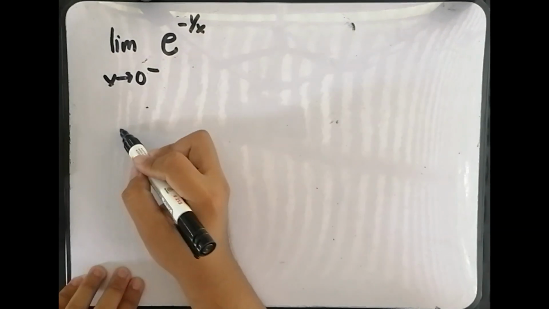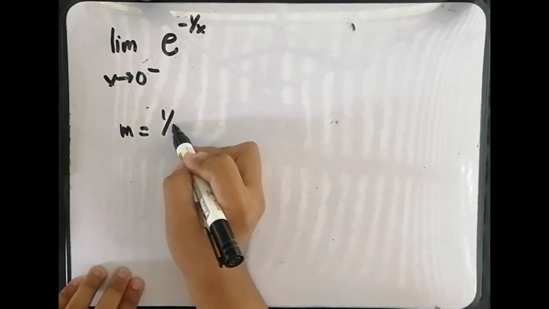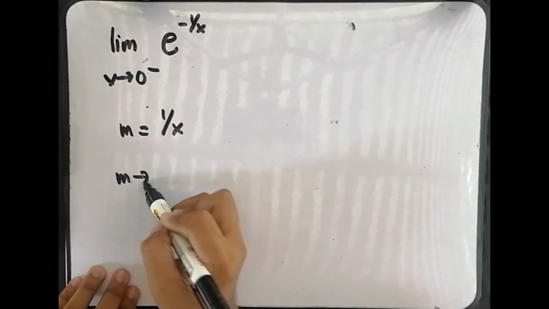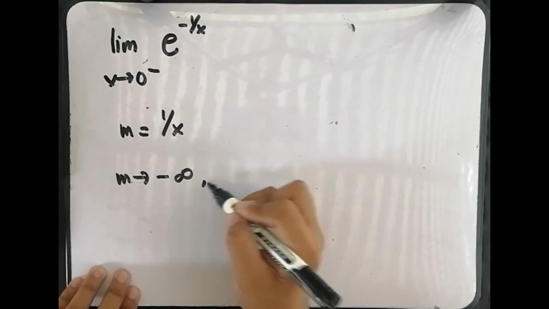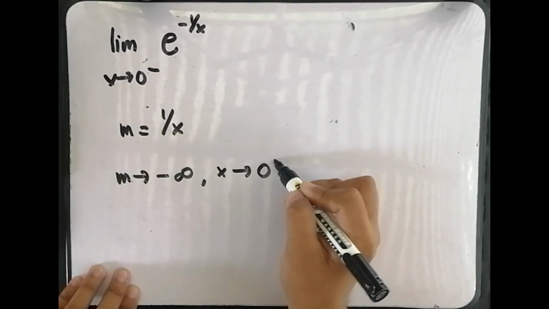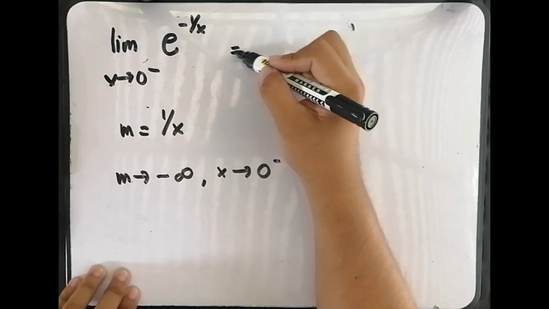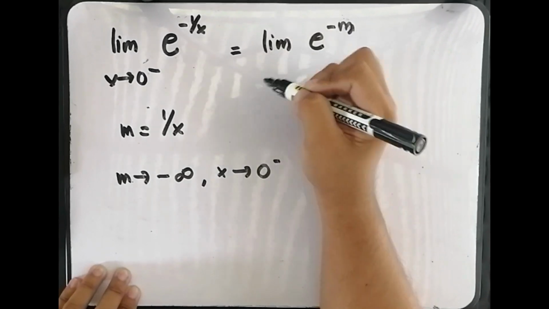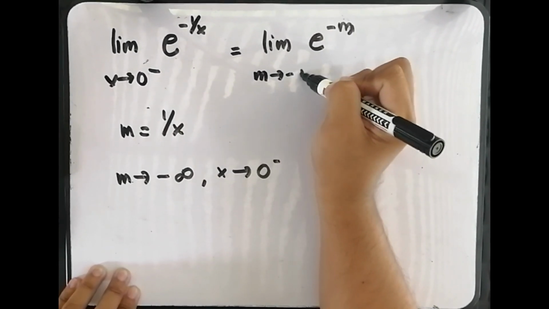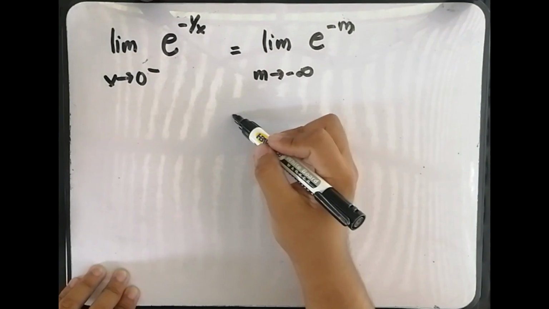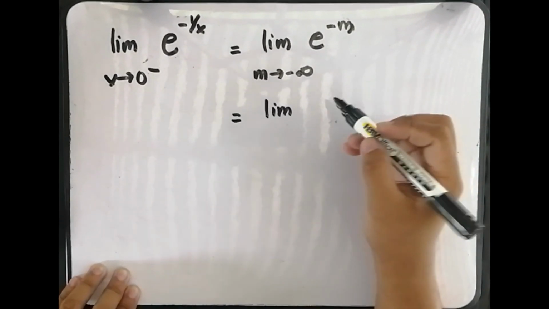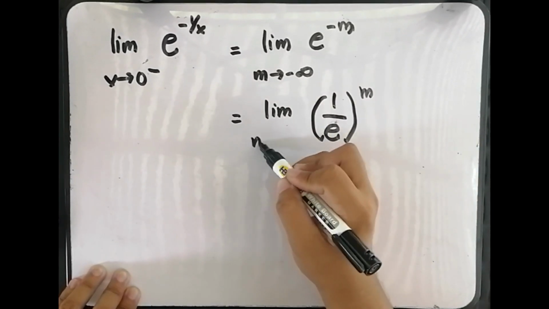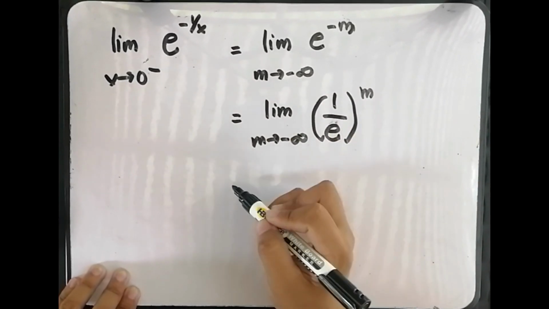Okay, again, we let m be equal to 1 over x. And we know that m approaches negative infinity whenever x approaches 0 from the left. So we can write that as the limit of e raised to negative m as m approaches negative infinity. Or that is now equal to the limit of 1 over e raised to m as m approaches negative infinity.